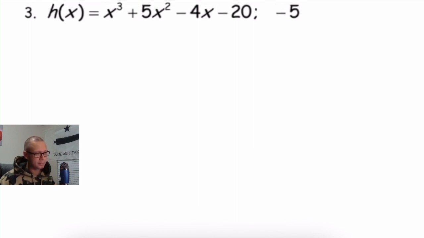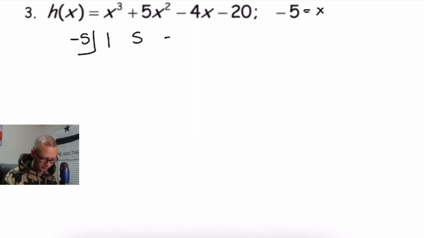Okay, x cubed, x squared, minus 4x, minus 20. So they're all there. They're all in descending order. x is equal to -5. So that's the number that's going in the synthetic division box. And then we grab the coefficients.